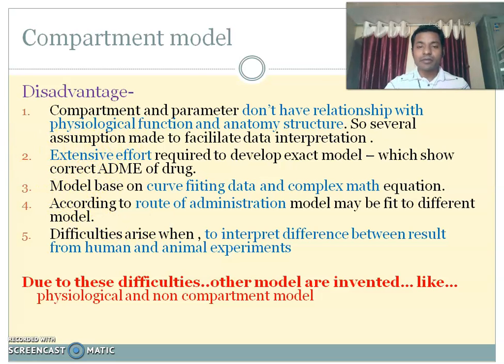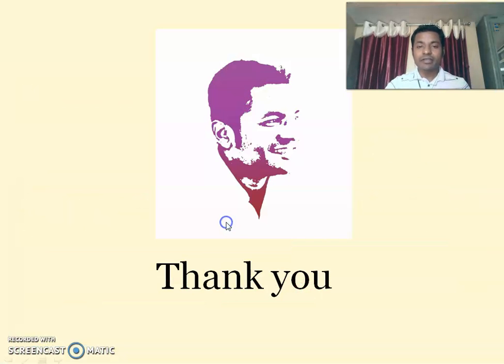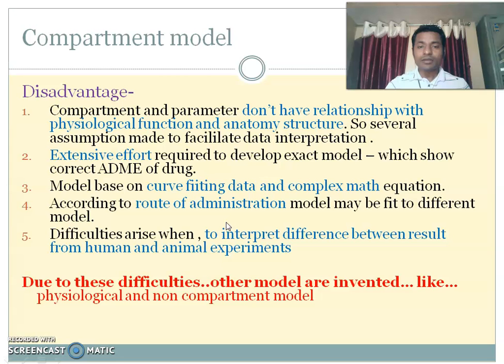Curve fitting data means what? For example, we have 3 parameters, right? So we should know the values of two parameters. Then we can find out the third parameter. That is, we should know some data to put in the equation. That is what we call curve fitting.